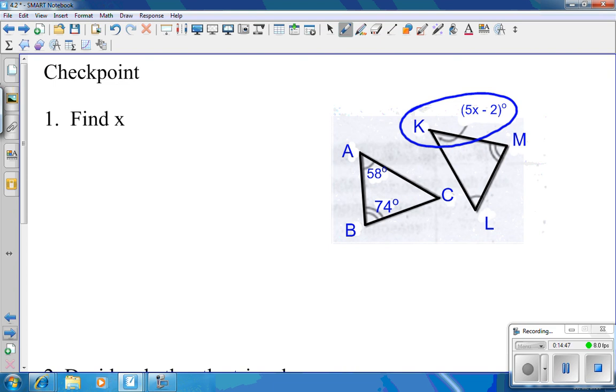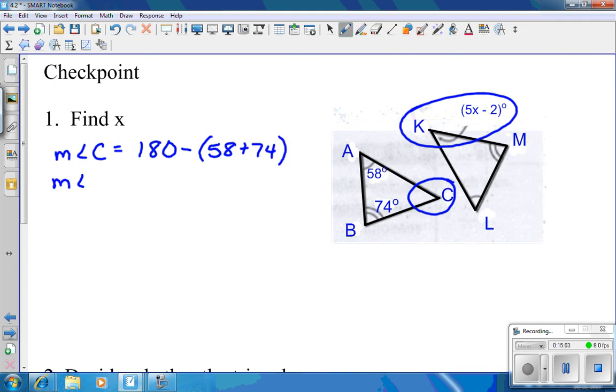It has to be C. But I don't have any information on C. Can I find it? Yeah. Good. So the measure of angle C is 180 minus those other two angles added together. The measure of angle C is 48.